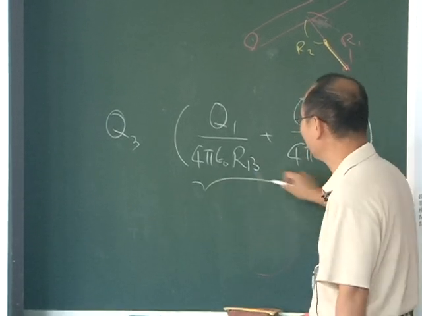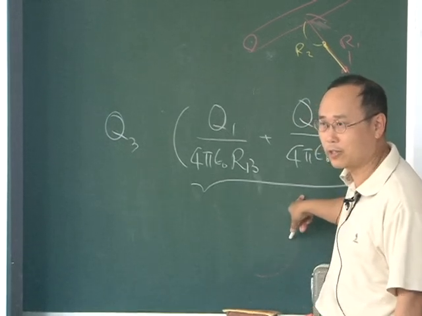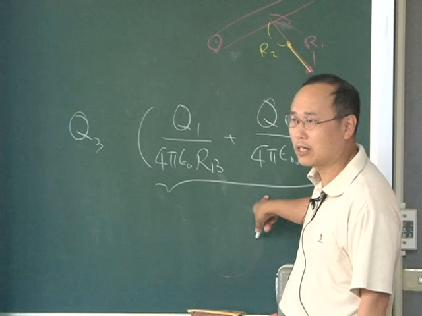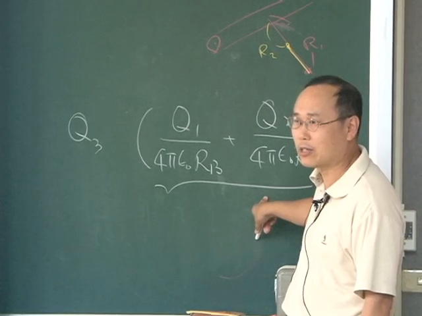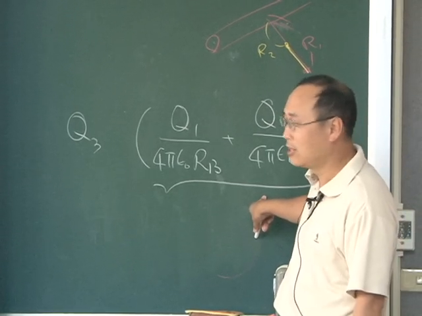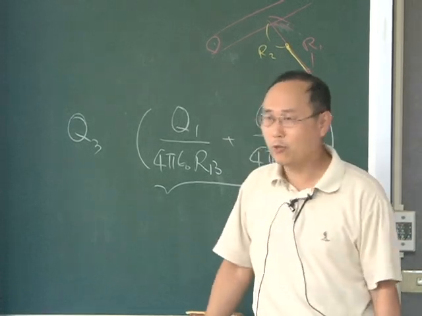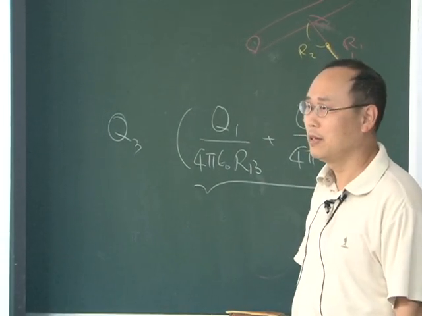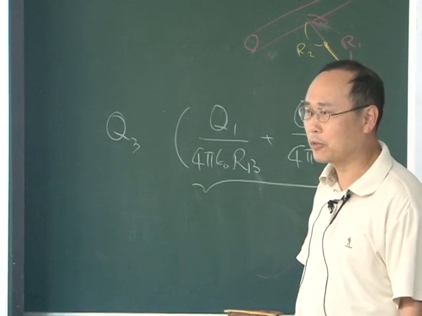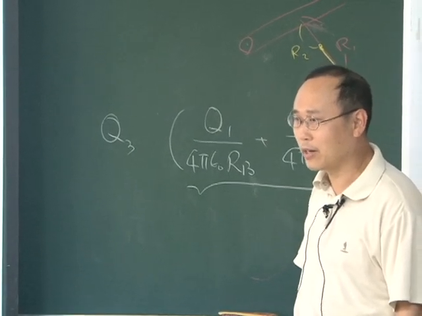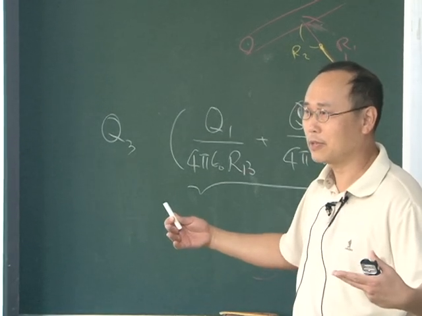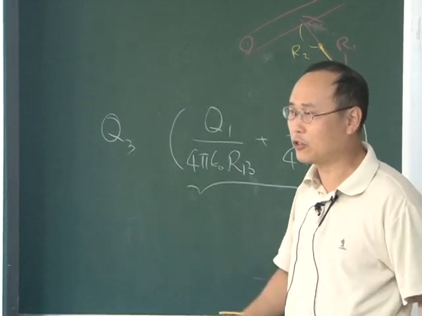This is the total electric potential seen by Q3. And don't forget the definition of our labeling. When we say V1, we're talking about the electric potential seen by Q1 for a system without Q1, only with all the rest of the charges.